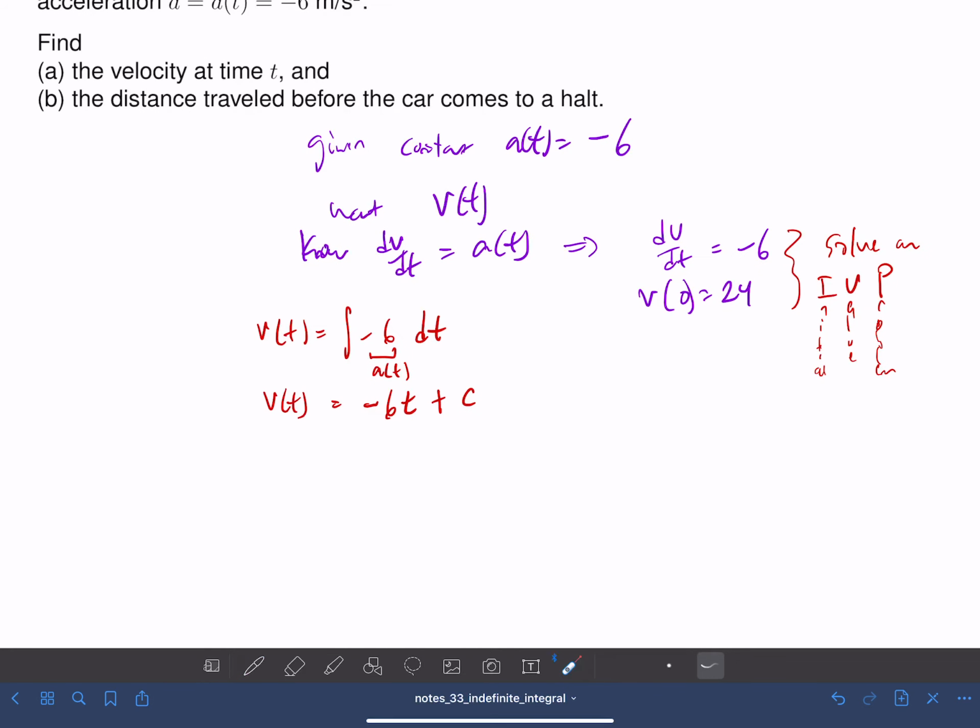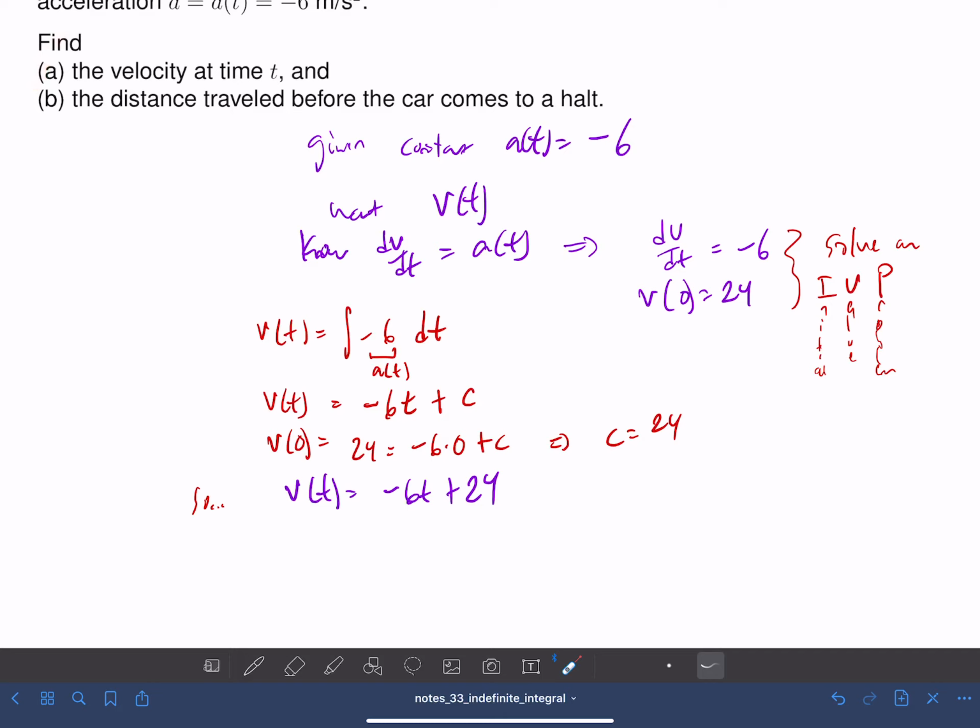Now I'm going to use my initial condition, so that v of 0 equals 24 equals minus 6 times 0 plus c, which means that c equals 24. So v of t equals minus 6t plus 24. Groovy. So that was find the velocity at time t.